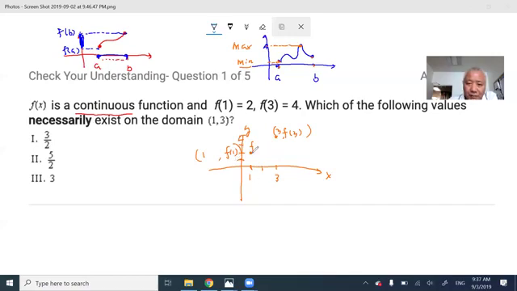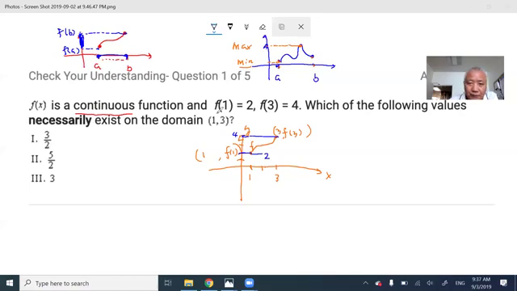So no matter what route you go from this point to this point, no matter what, it will pass all the values in between. This is a 4, and this one here is 2, right?